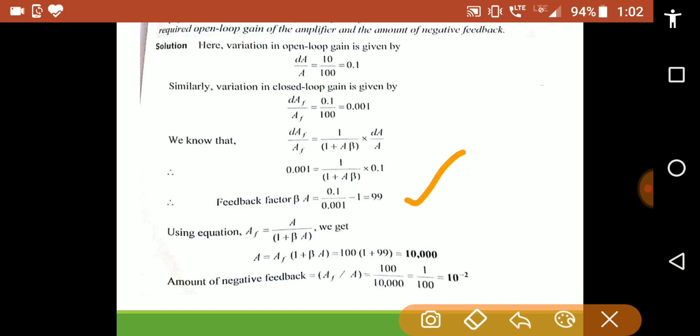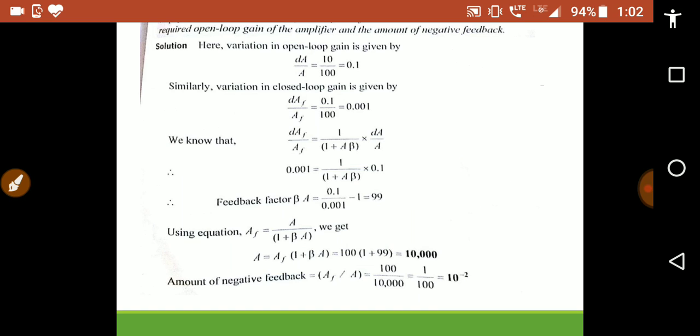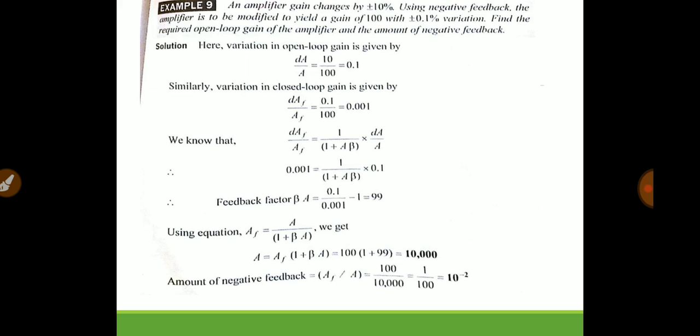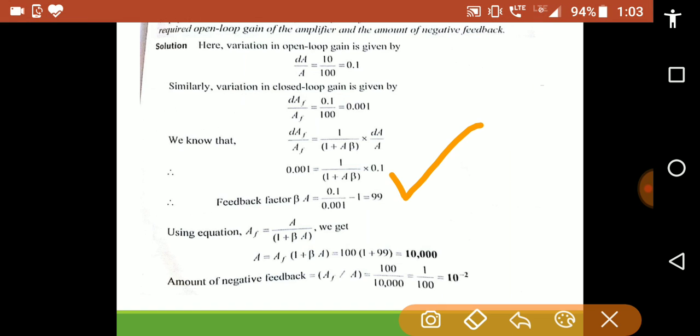So A equal to AF into 1 plus beta A. Here closed loop gain AF is 100 in the problem and beta A equal to 99. So 100 into 1 plus 99 equal to 10,000. So A equal to 10,000.